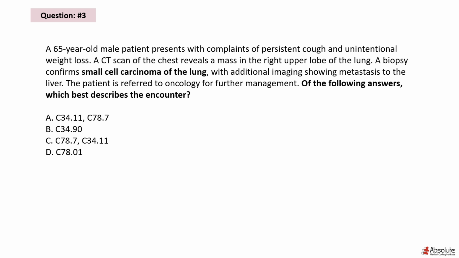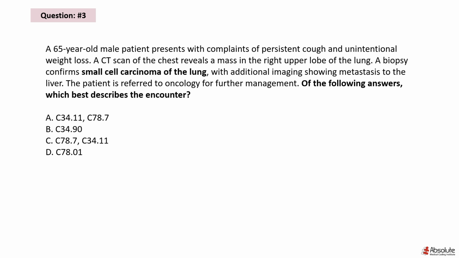Of the following answers, which best describes the encounter? A. C34.11, C78.7, B. C34.90, C. C78.7, C34.11, or D. C78.01. A 65-year-old male patient presents with complaints of persistent cough and unintentional weight loss.